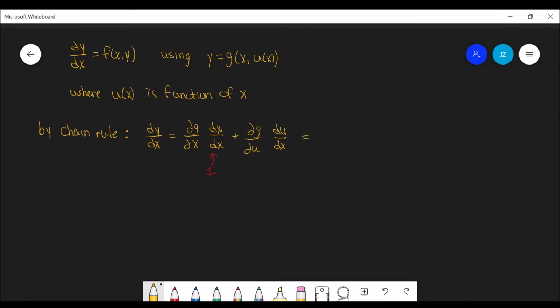So we can rewrite this as g_x(x, u) plus g_u(x, u) times du/dx. Recall that this is just another notation for partial derivatives. So this is notation for the partial of g with respect to x, and this is the notation for the partial of g with respect to u.